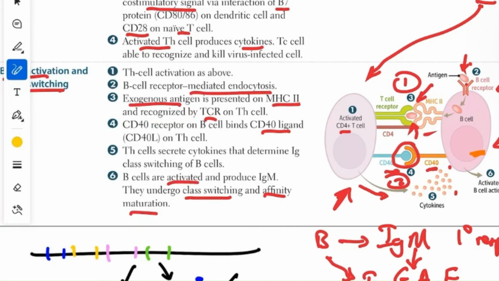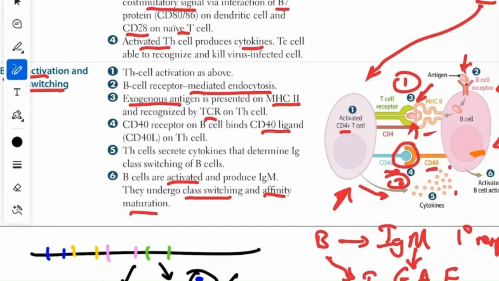It will change the antibody structure, the parts of the antibody that binds to the antigen. Okay, and so this part will have a higher affinity compared to this. So this antibody will bind more strongly because it rearranged the genes that it used to make it. So that's what we call the somatic hypermutation.